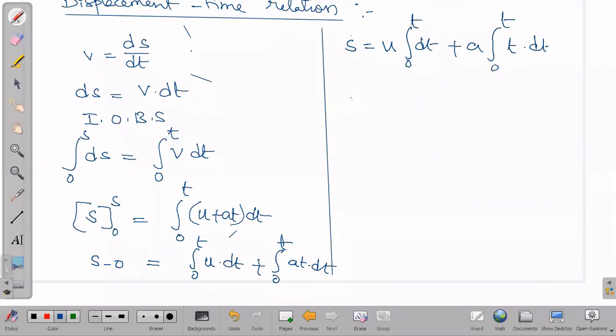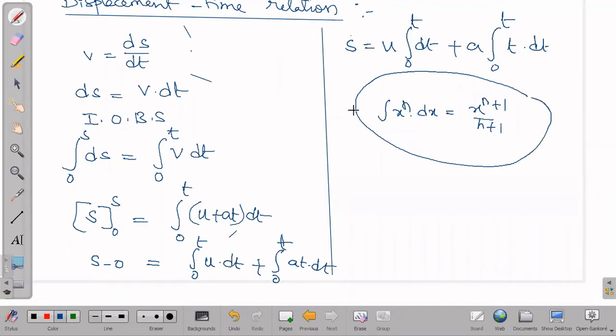Now I'll write one formula over here. The integration of x power n into dx, which we had just now, is x power n plus 1 by n plus 1, right? So this formula we will be using over here. Now, s is equal to u into the integration of dt, which is t, with limits from 0 to t, plus a into the integration of t into dt.